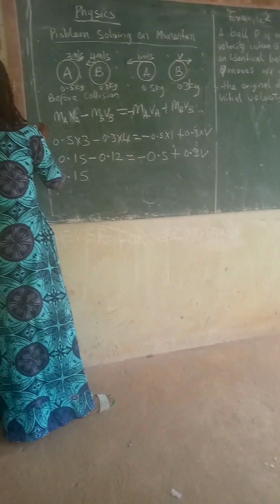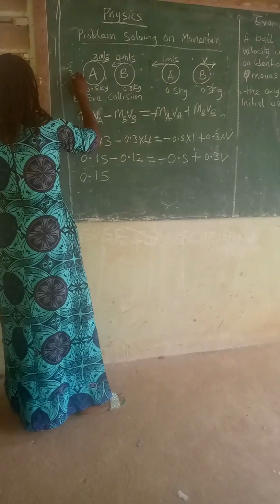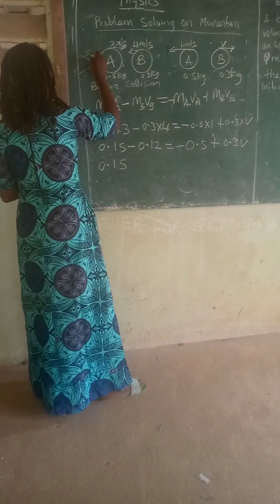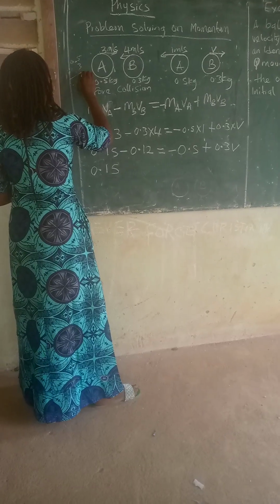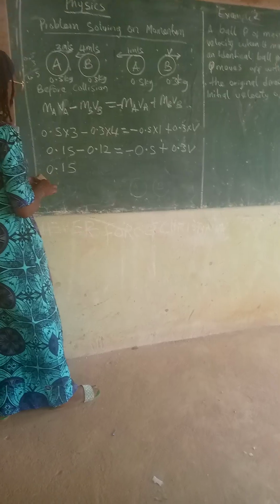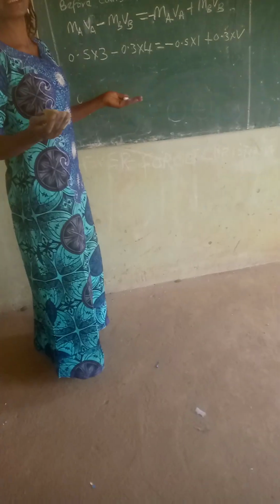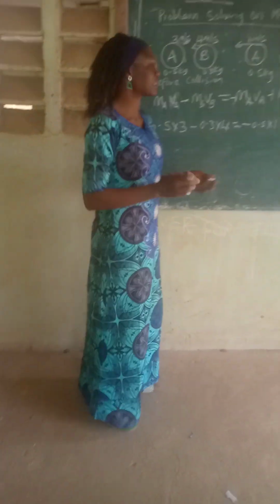No, think: 0.5 times 3. 3 times 5 will give us 15, so 1.5. Sorry, please. Nobody is above mistake.